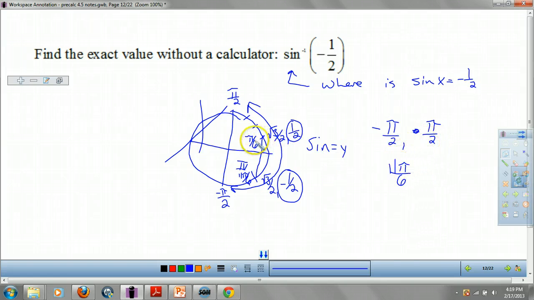So if this is pi/6, down here would be -pi/6. Just like if this was pi/4 and you matched it up down here, that'd be -pi/4. Same distance, you're just going counterclockwise, so it's going to be negative.